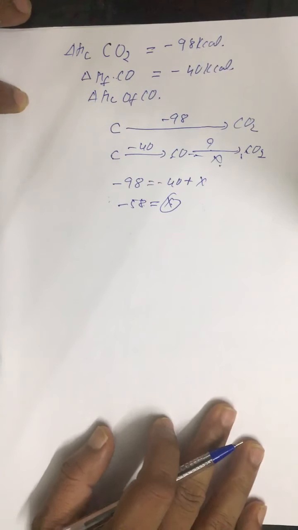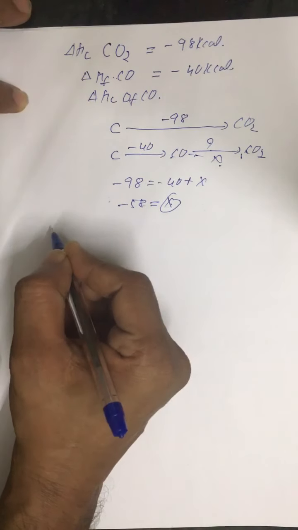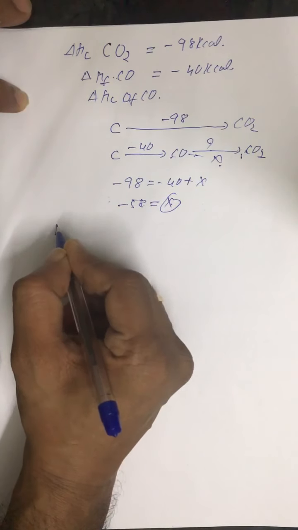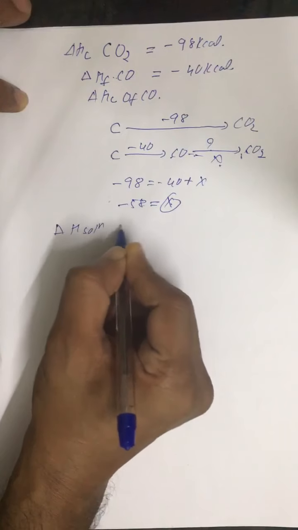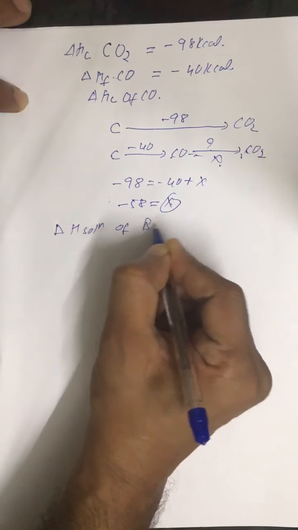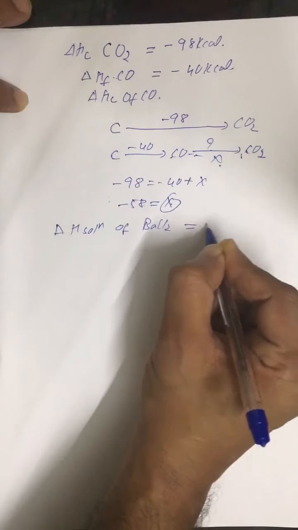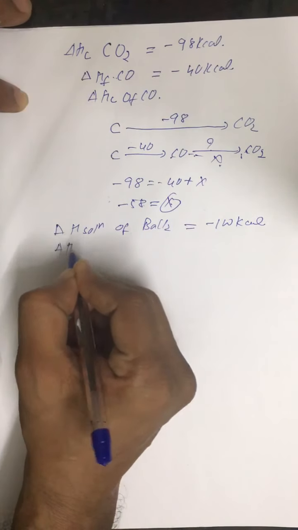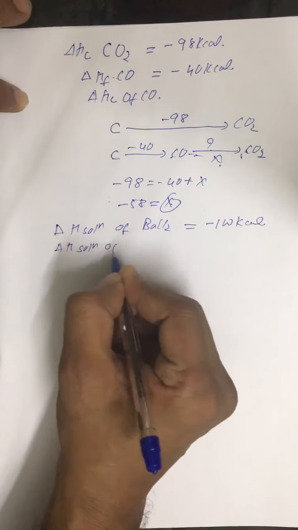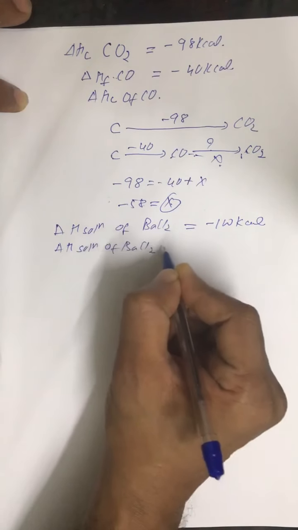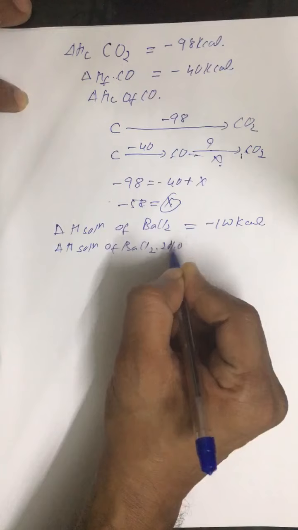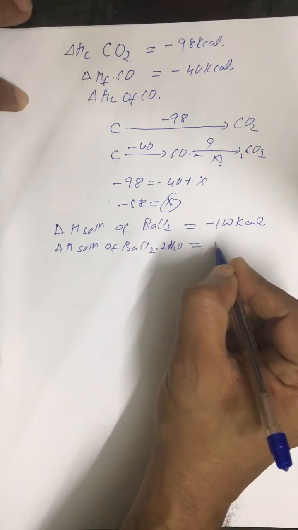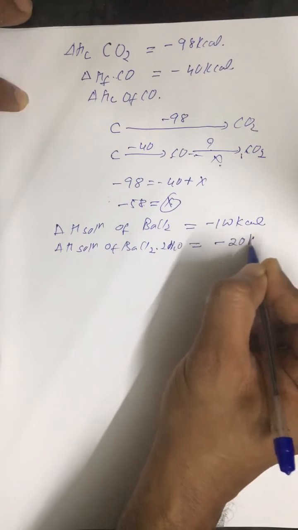All right. Or we are given, say suppose, delta H solution of BaCl2, which is minus 100 kilocalories, and delta H solution of BaCl2 dot 2H2O, which is say minus 20 kilocalories.